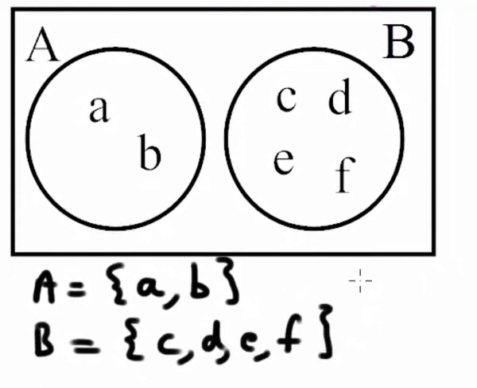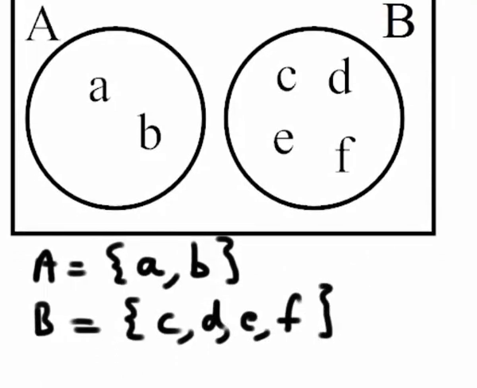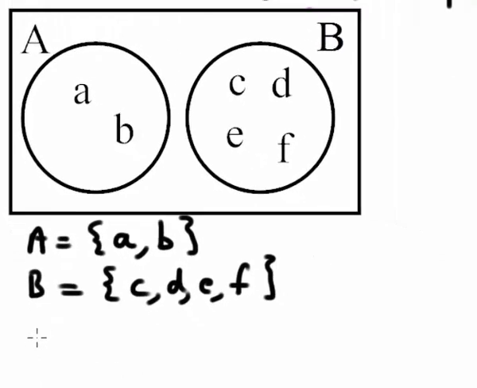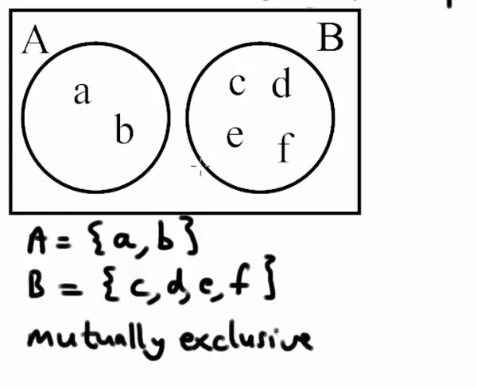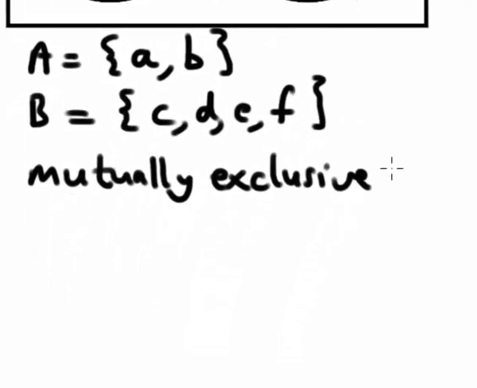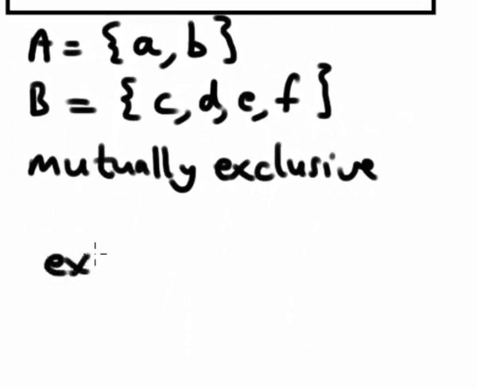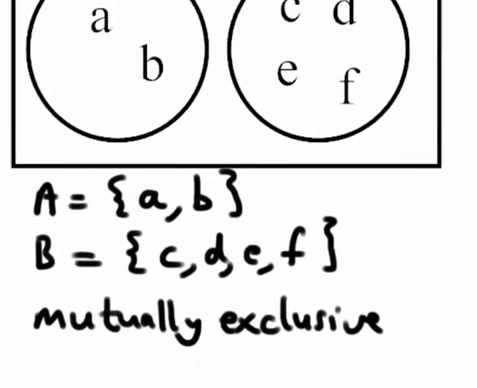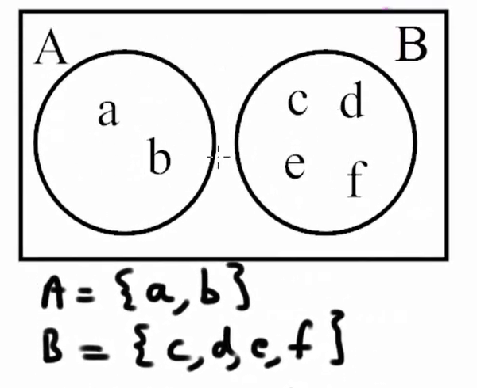Now, what do you notice about these events? Firstly, the most important thing is that they are mutually exclusive. There's nothing in common between event A and event B, and we're going to relate some important probabilities to that. They are also exhaustive. It means that all the elements of the sample space are contained in A or B, so it's in the union.